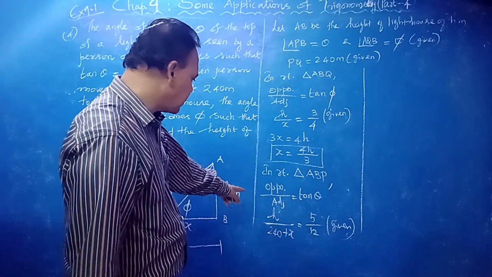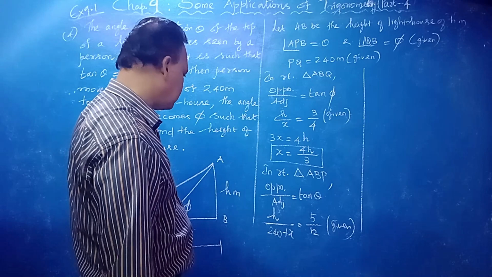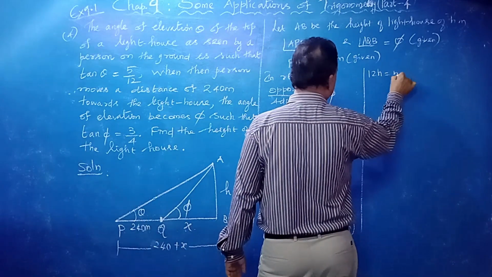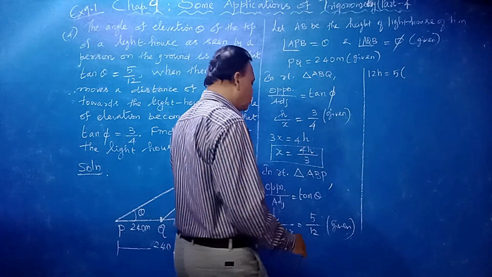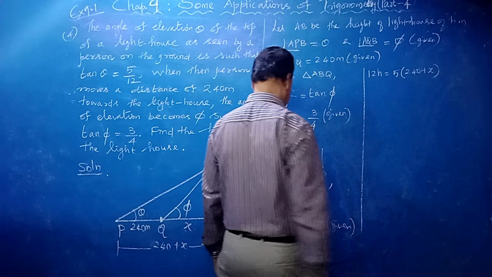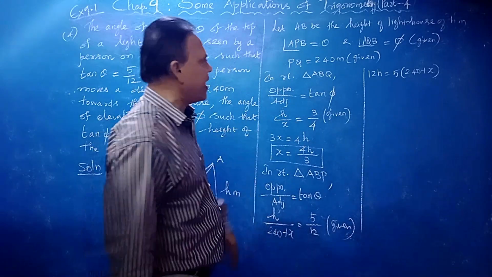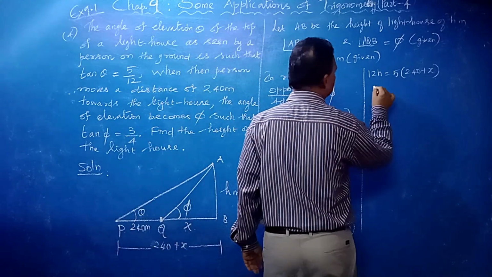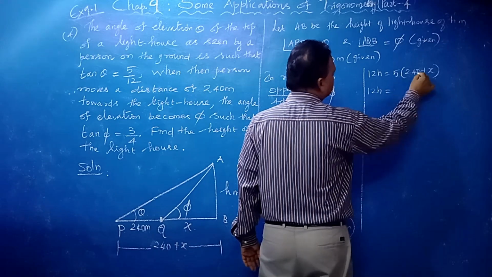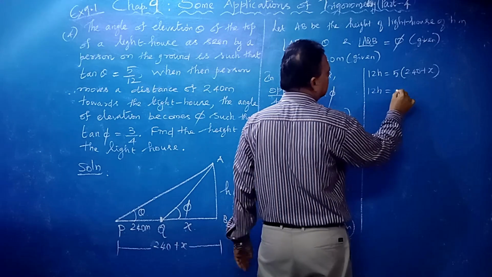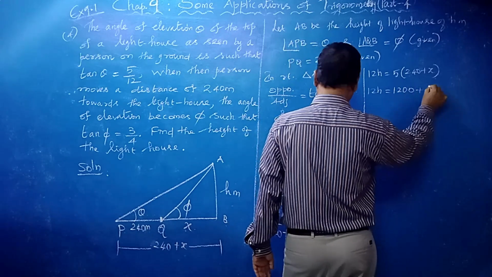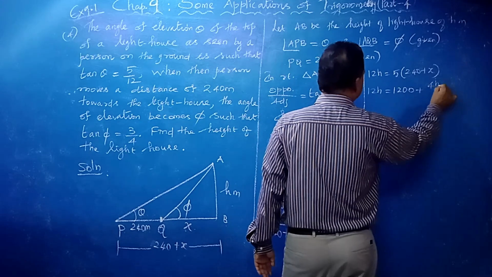Now you do cross multiplication here. 12h equal to 5 into 240 plus x. Now you put in x value here. After multiplying, 5 multiply 240 means 1,200, plus x value is 4h by 3.